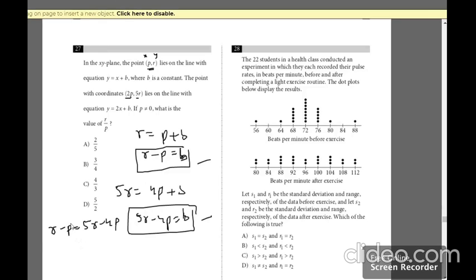Bringing p and r terms to one side, we'll get 3p is equal to 4r. So we're going to get 3 by 4. So option B is the best fit among these.